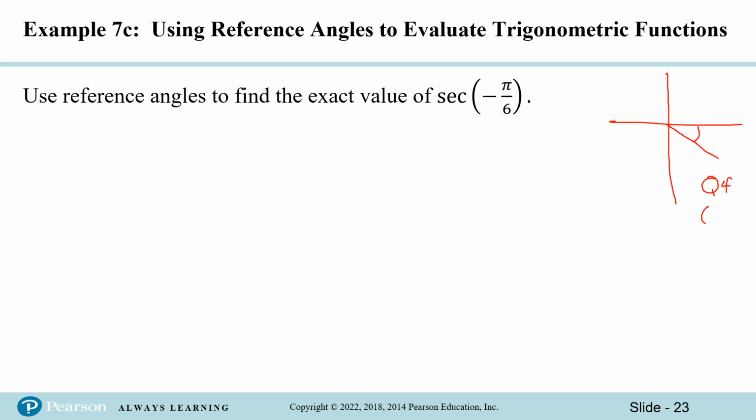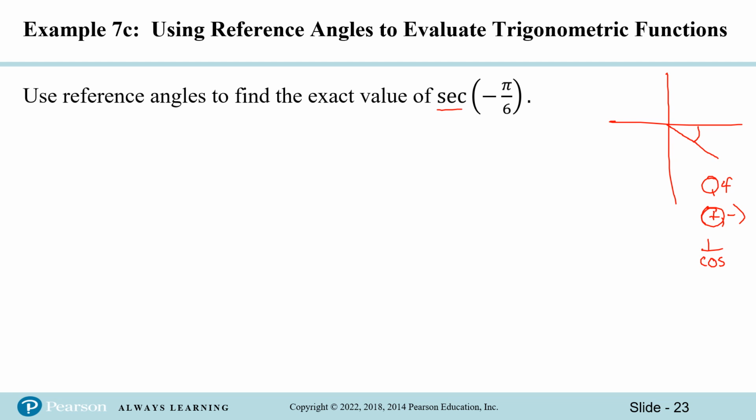The x is positive, the y is negative, and the secant is 1 over the cosine, which means it's going to be positive. Because the cosine is my x value, so it's positive in the fourth quadrant. So my answer is going to be positive.